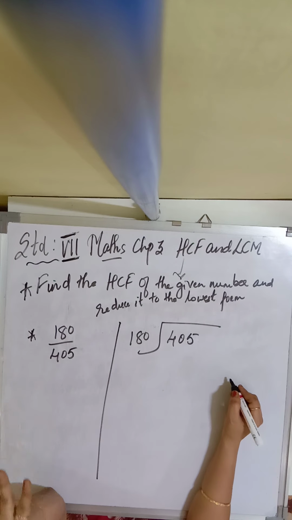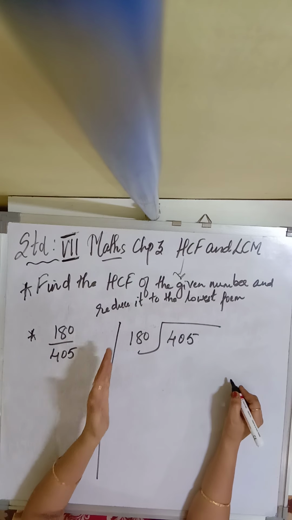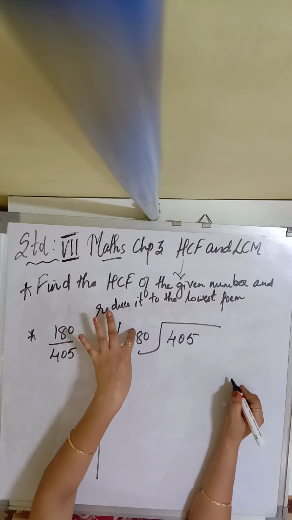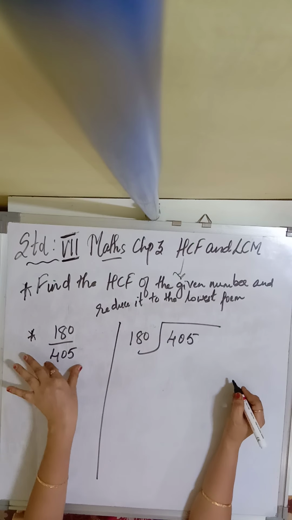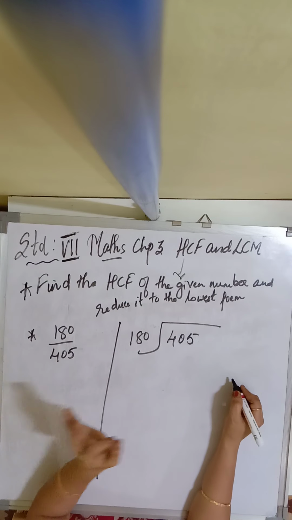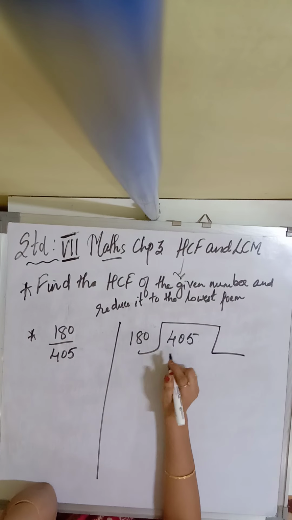The rule that the numerator is divided by the denominator does not apply in the case of HCF. Whether the bigger number is in the numerator or the denominator, we are not considering that; the bigger number will become your dividend.